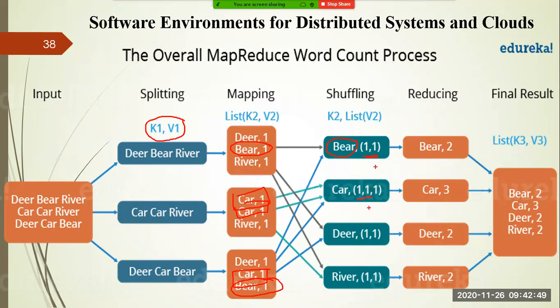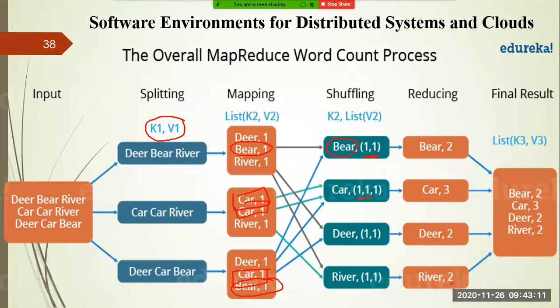Once you do this shuffling, we call the reduce function. The reduce function is accumulating these values. It takes the values that are available in a list and combines them. So it says it is repeated twice, thrice, twice, twice.